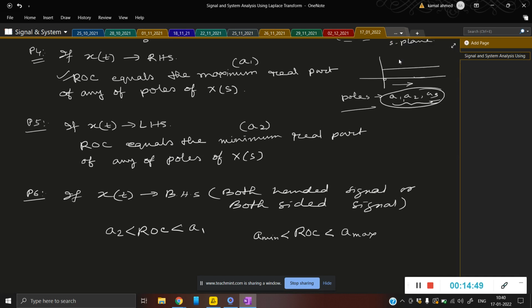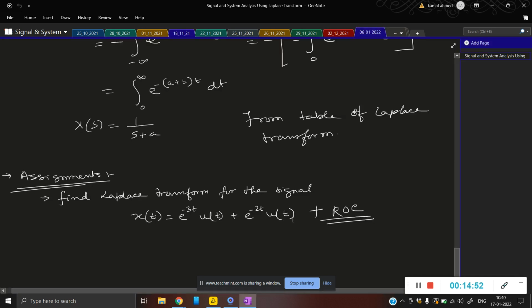In the previous class I gave this equation. In this equation, first of all we have to find out the poles, and e to the power minus 3t is one signal and e to the power minus 2t is another signal. First of all, is this signal left-hand side or right-hand side?